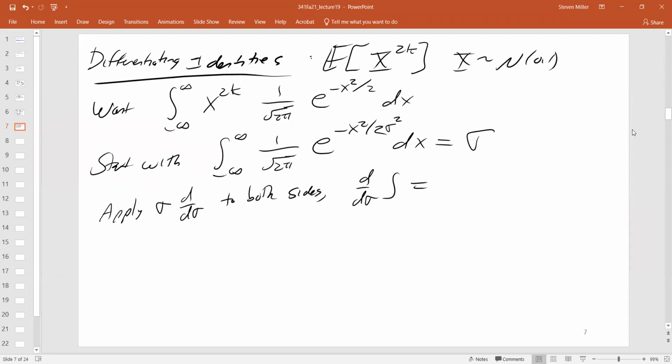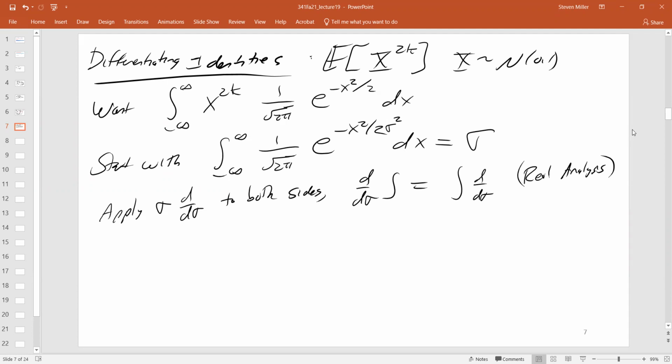I have two operations: the integration, which I do first, and then the differentiation. Rather than that, I want to say this is the same as differentiating first and then integrating. And this is where you need real analysis. You need to be able to justify switching the orders.